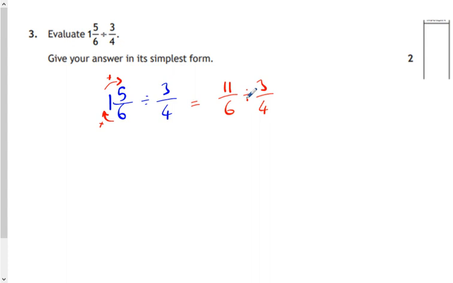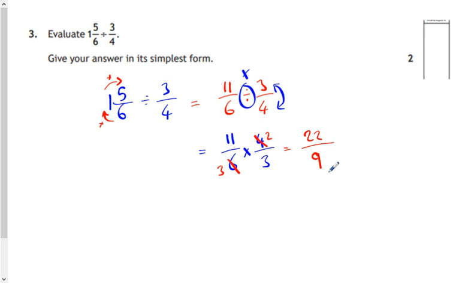Now to divide fractions, we flip the second fraction upside down and we turn our divide into a times. So that becomes 11 over 6 times 4 over 3. And we can simplify this a little bit because there are 2 2's in 4 and 3 2's in 6, giving us 22 over 9.